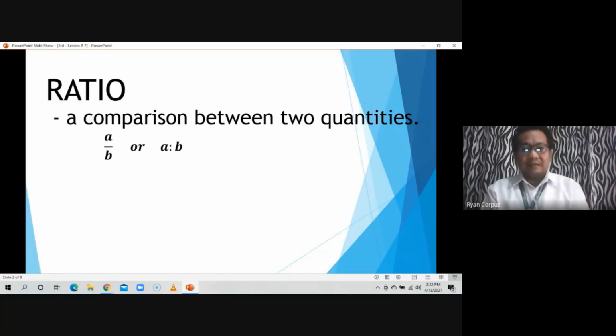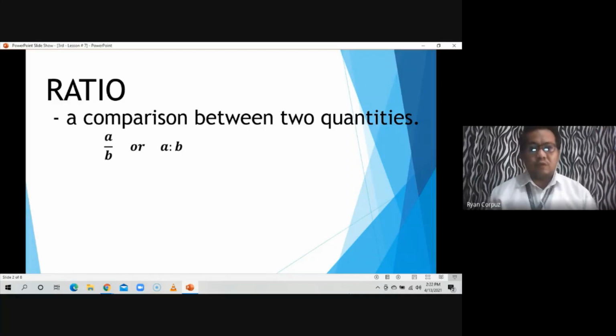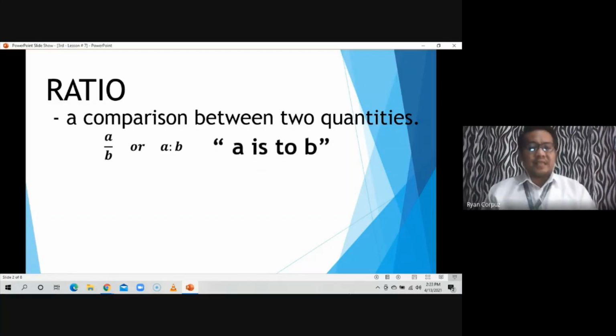Or it can be written in A colon B. A colon B, yun yung medyo, when you encounter the discussion about ratio, yun yung alam natin that if you are going to write ratio, you can write it in A colon B, which can be read as A is to B. But it can also be written in fraction form.